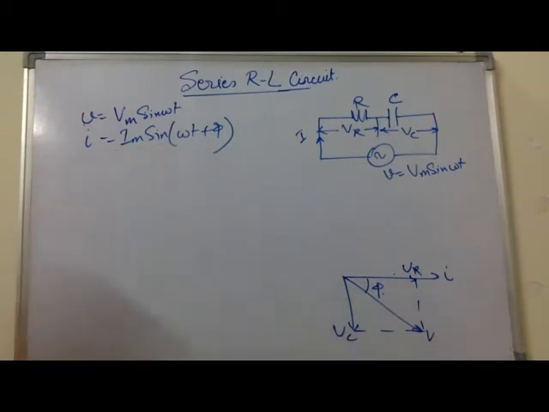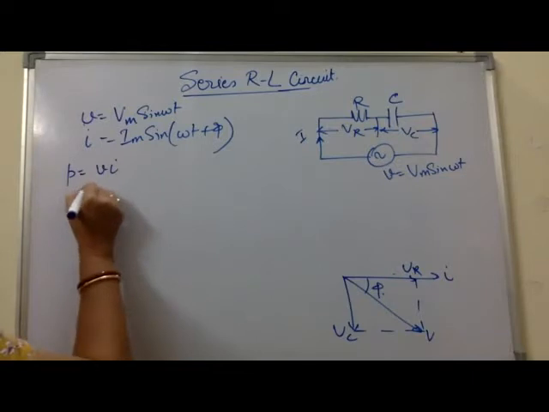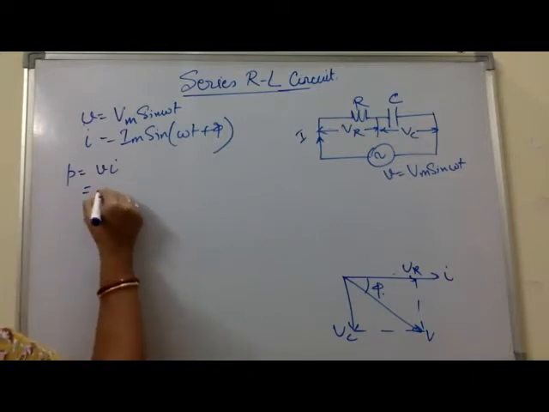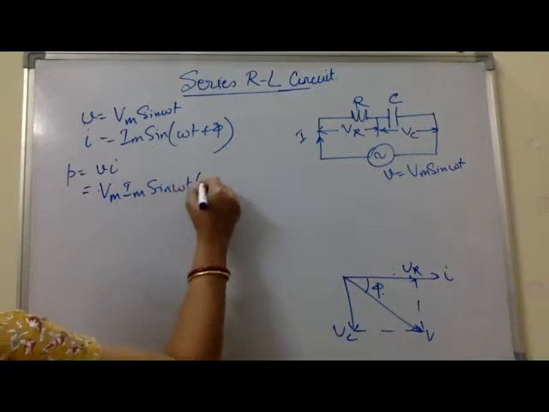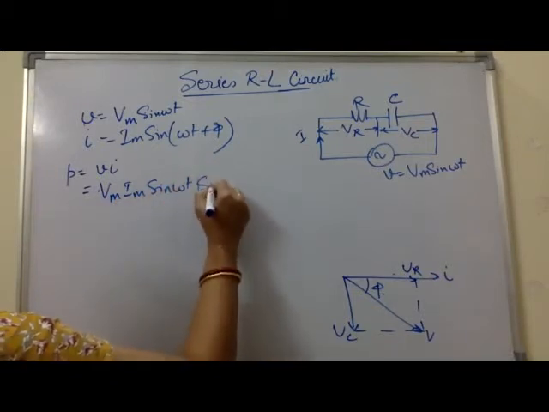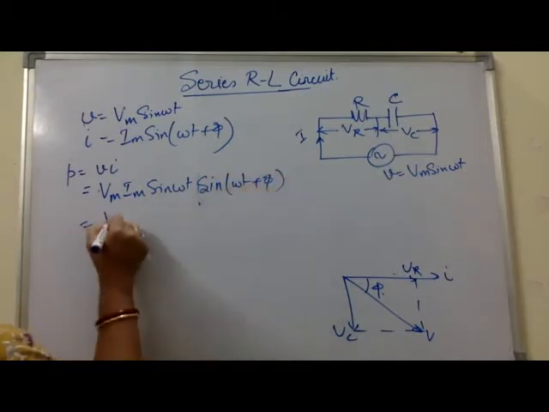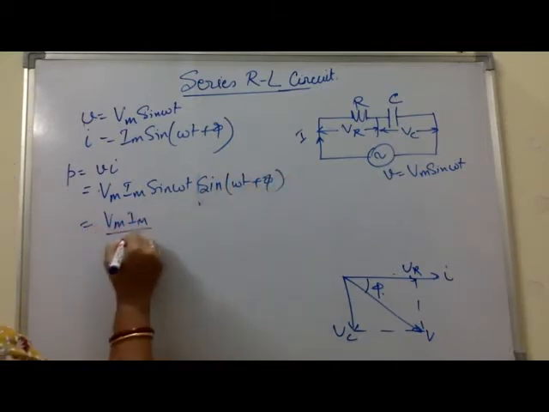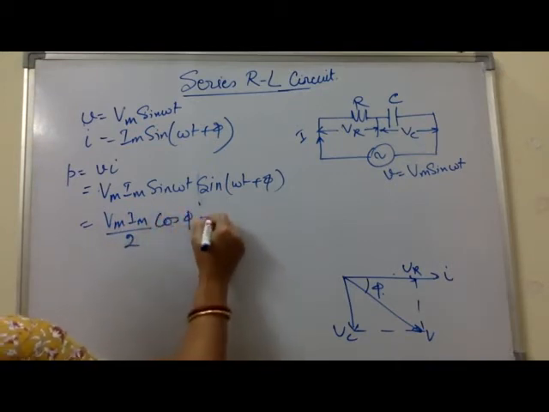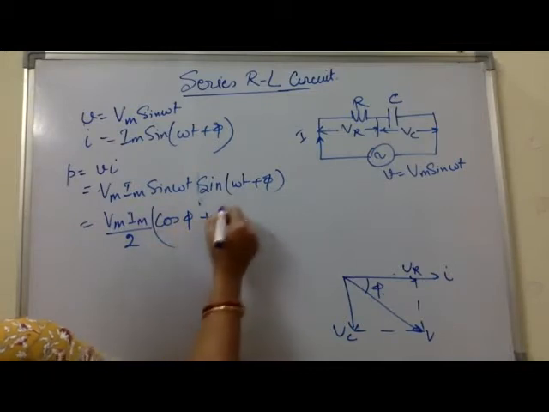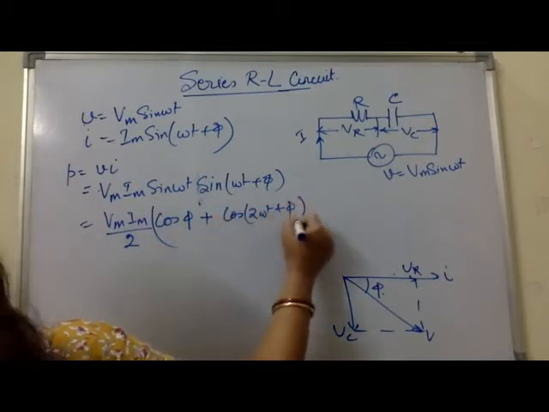So the I equation will be Im sin (omega t plus phi), and the instantaneous power P will be V into I, that is Vm Im sin omega t into sin (omega t plus phi). Solve it out, and you will get Vm Im by 2 times [cos phi plus cos (2 omega t plus phi)].